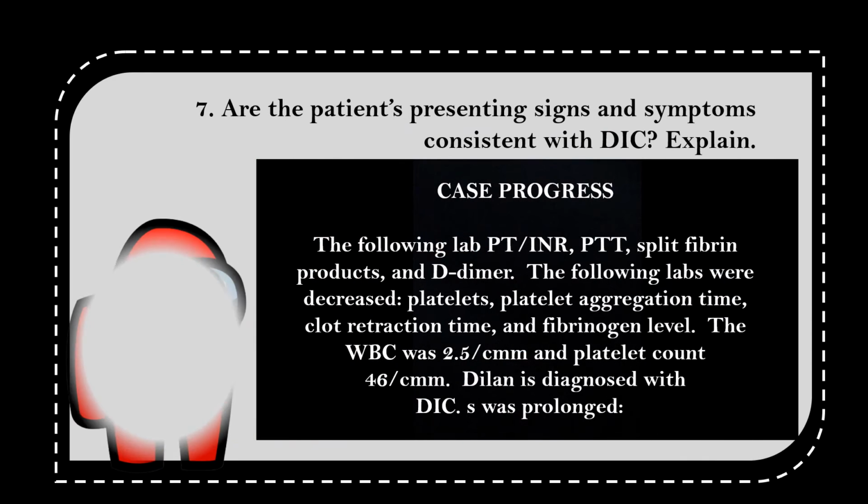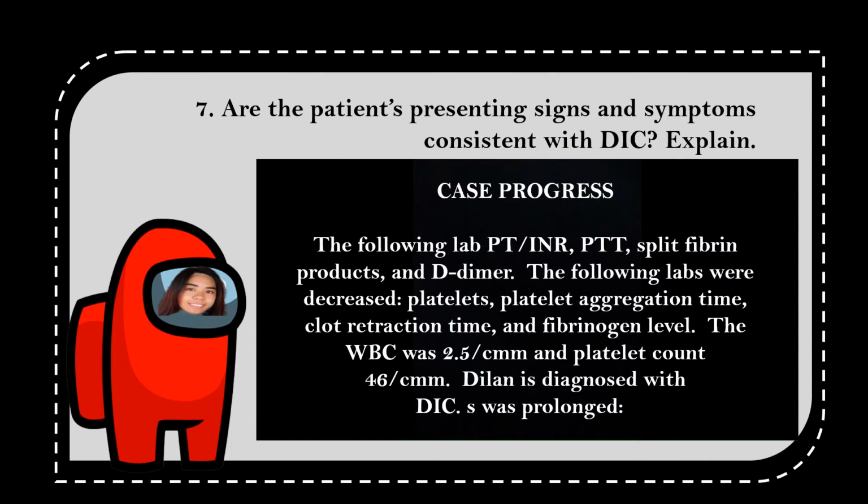For question number 7, are the patient's signs and symptoms consistent with DIC? Yes, because the PT, INR, PTT, fibrin split products and D-dimer were prolonged. Platelets, platelet aggregation time, clot reaction time, and fibrinogen level were decreased.